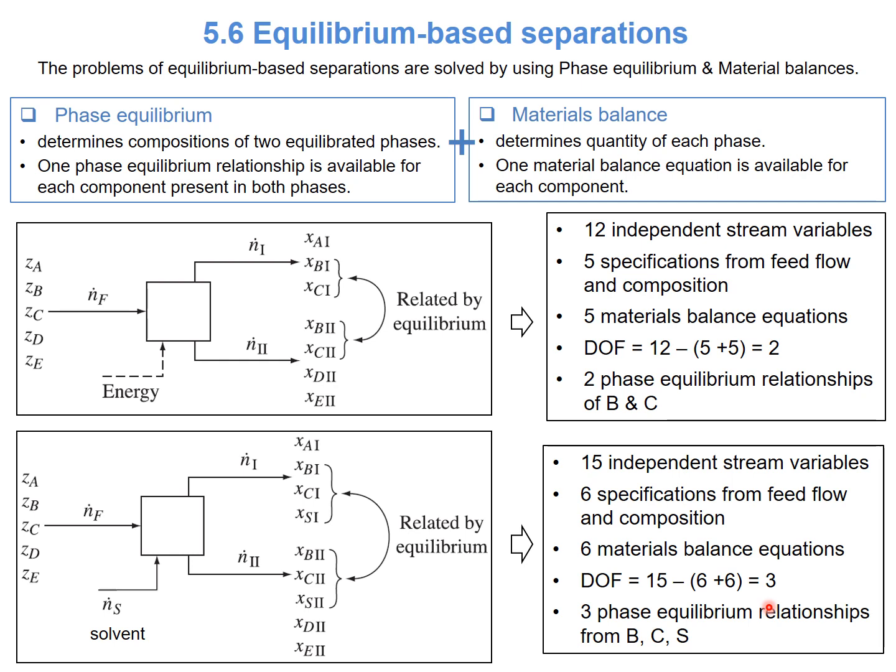We could easily see that 3 phase equilibrium relationships for B and C and S between phase 1 and phase 2, with this phase equilibrium relationship, we could solve this problem.